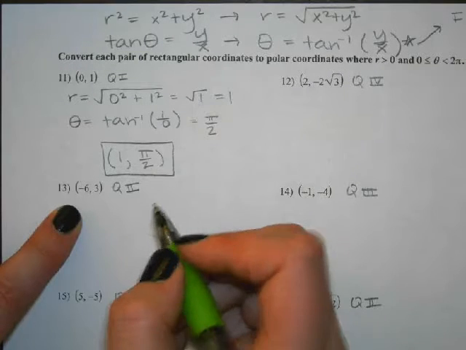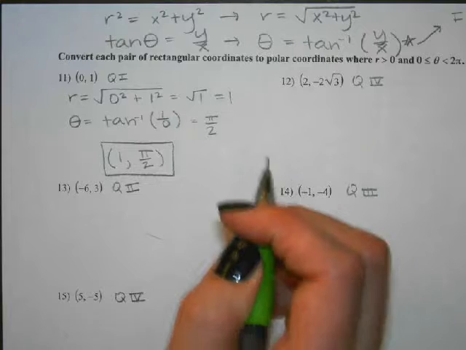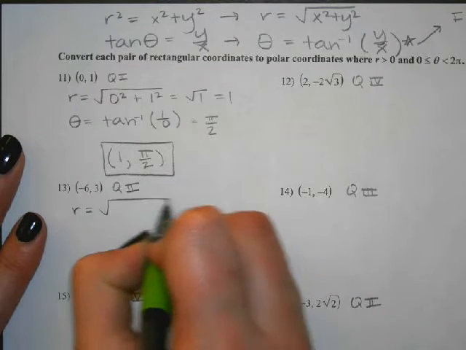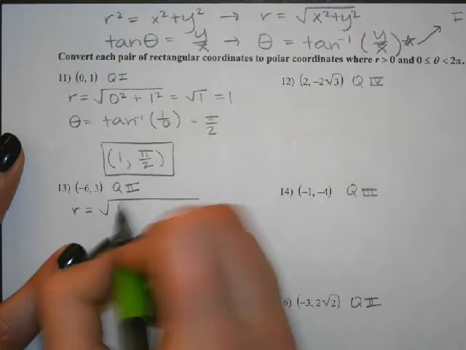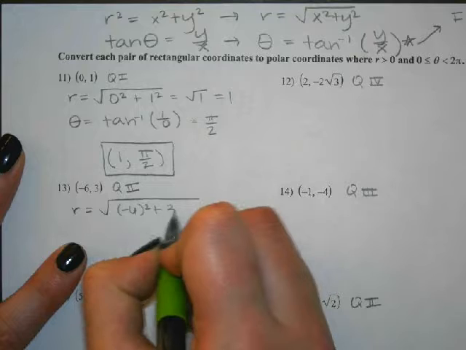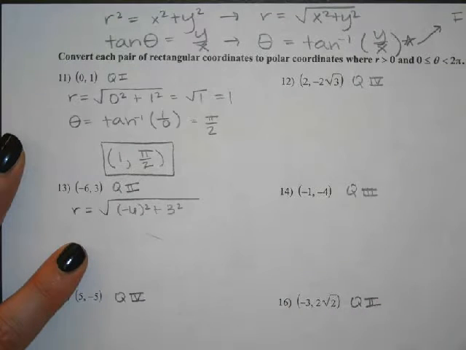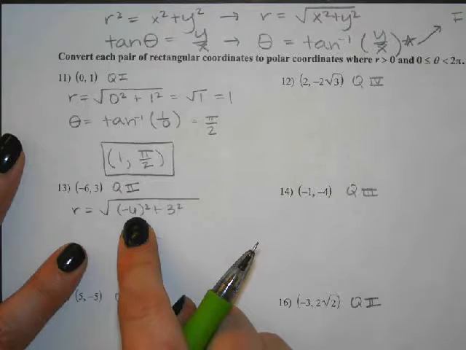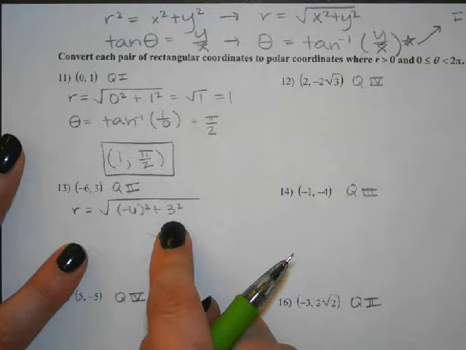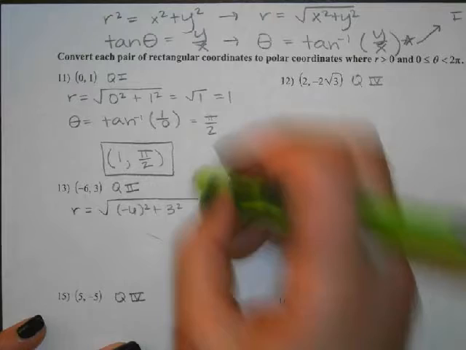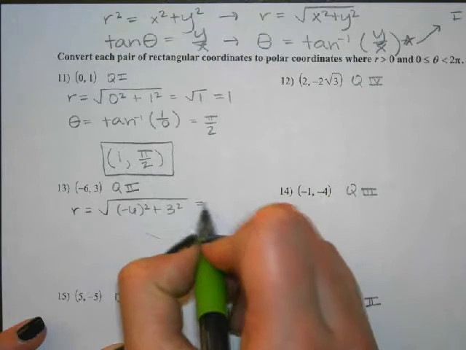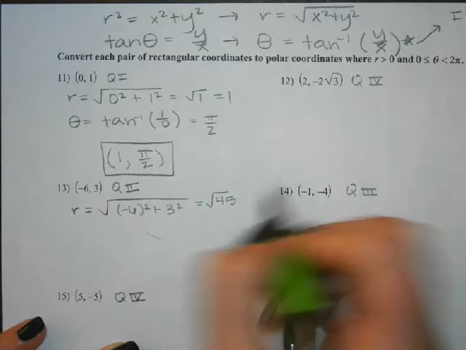All right, let's look at number 13. So for this one, we're going to say r equals square root of x squared plus y squared. So 36 plus 9 is 45. So we have the square root of 45, and we should simplify the square root if we can.